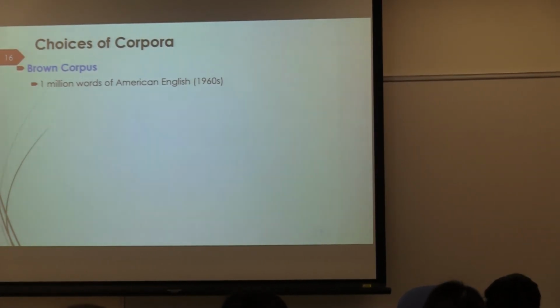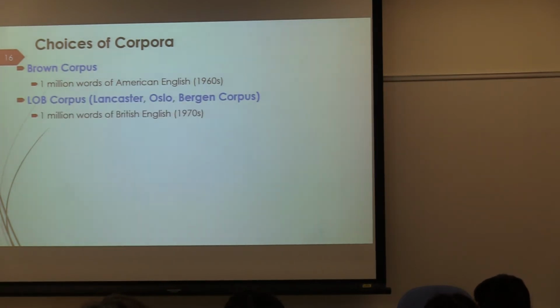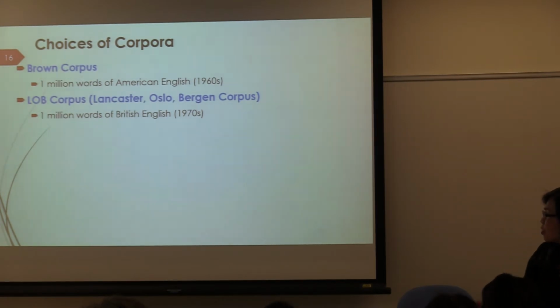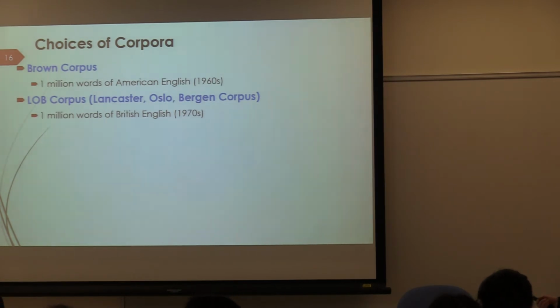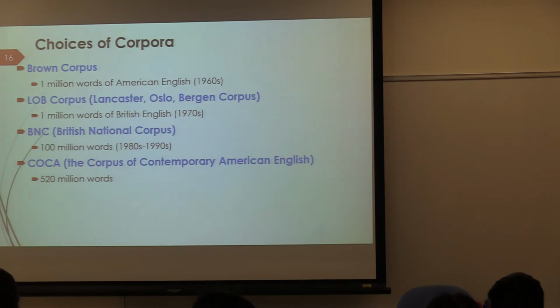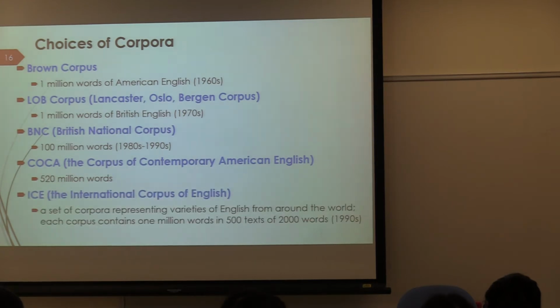In line with this one, we have another one for British English, the Lancaster-Oslo-Bergen corpus, the LOB corpus, also 1 million words of British English in the 1970s. And more recently, we have the British National Corpus, 100 million words, and COCA, the Corpus of Contemporary American English, 520 million words, getting bigger and bigger, right?